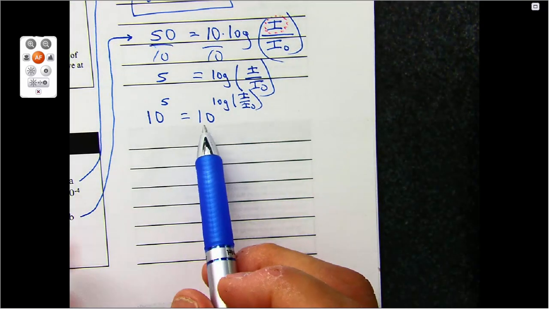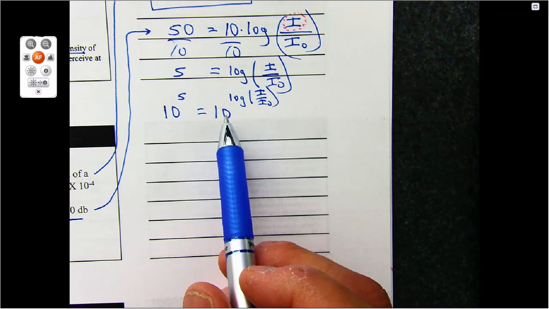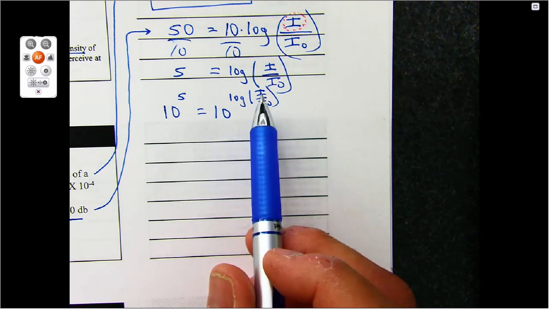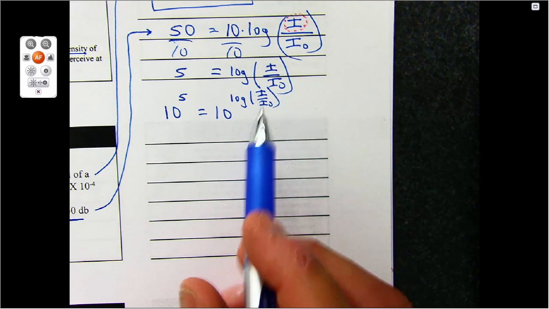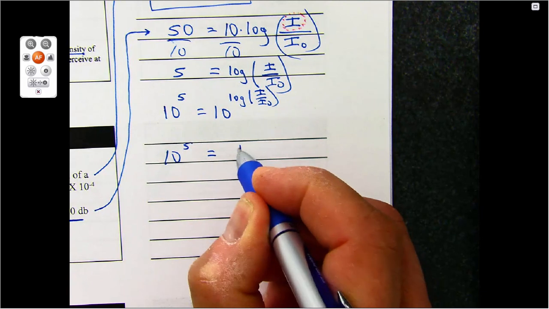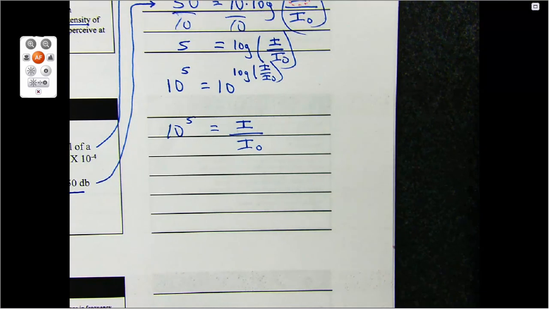If I take the inverse log of both sides, the inverse log of a log is simply what the log is. So that means 10 to the 5th is equal to the intensity over the threshold intensity.